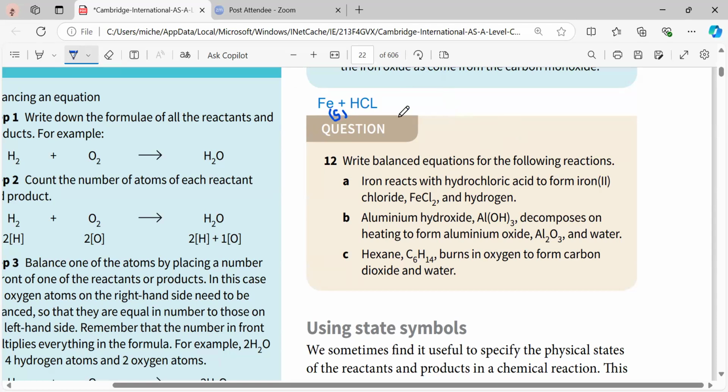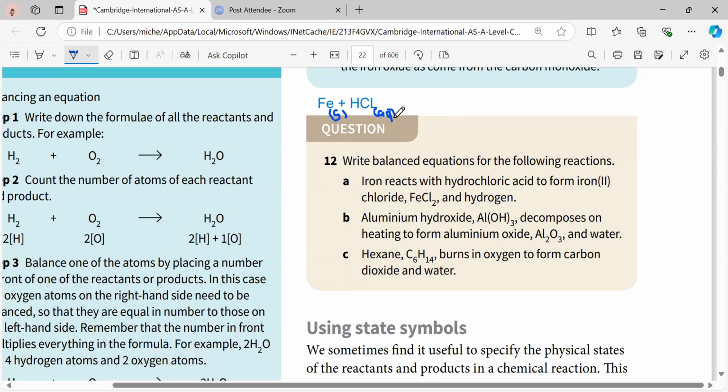This is so that we know that Fe here is a solid, it's in solid form. Here we have liquid, so we actually use aqueous. So this is AQ as the symbol. AQ right here. There we go.